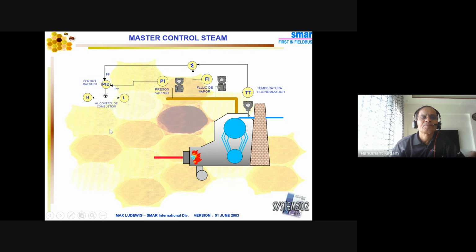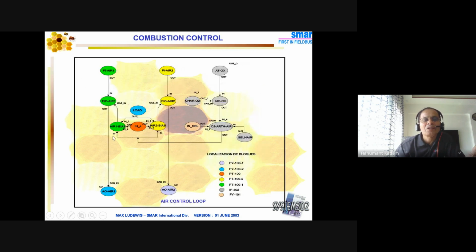Then there is further control, because if some plant uses more steam than the generation, then the plant trips. This normally happens in a power plant. To avoid that, this type of very sophisticated cascaded control strategy is implemented.